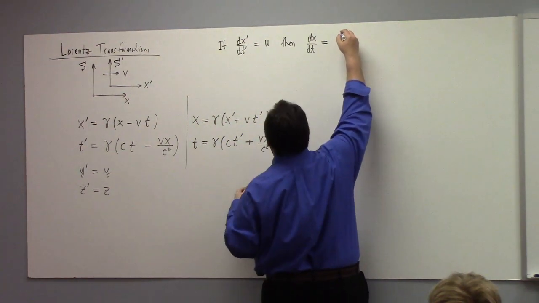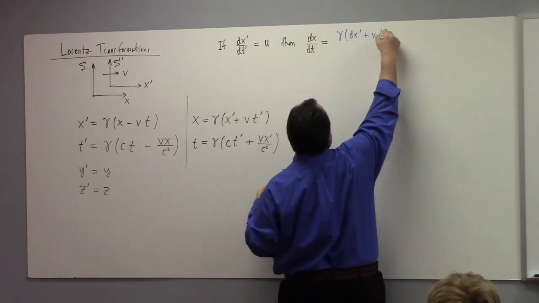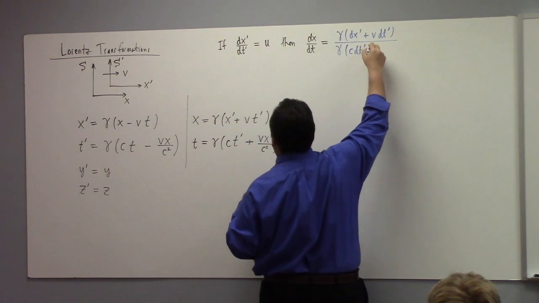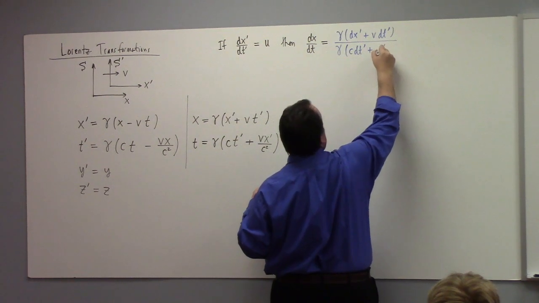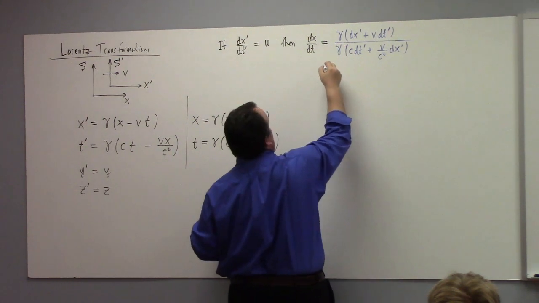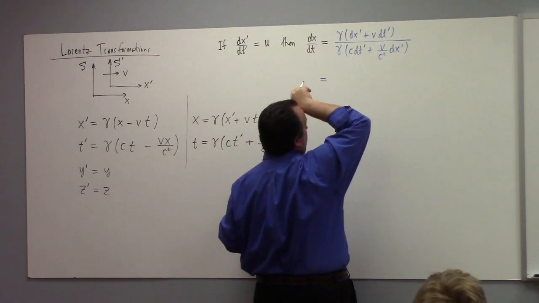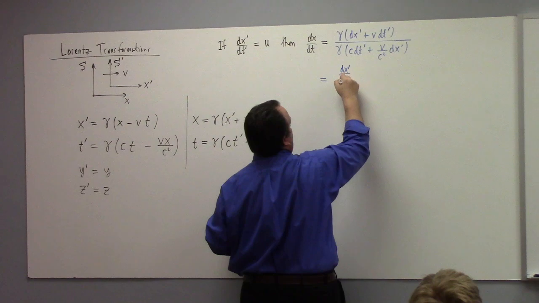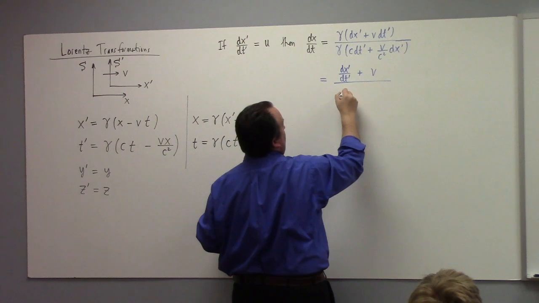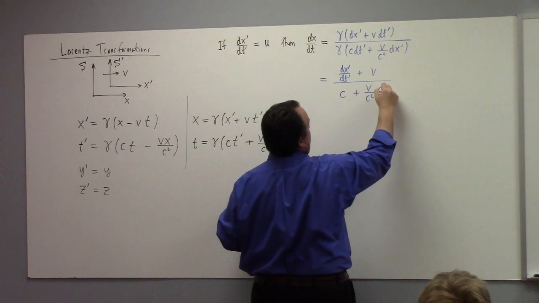So we have gamma times (dx prime plus v dt prime) divided by gamma times (c dt prime plus v over c squared dx prime). If I formally divide that, the gammas cancel, and if we divide by dt prime, we get dx prime dt prime plus v, divided by c plus v over c squared times dx prime dt prime.